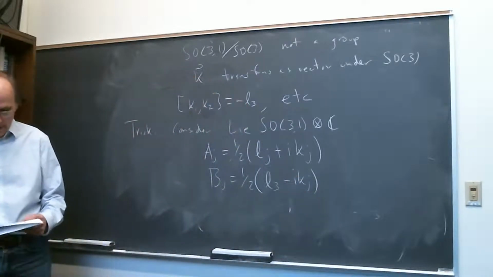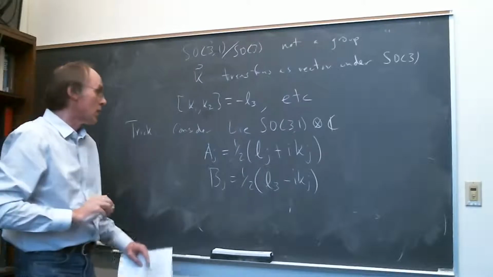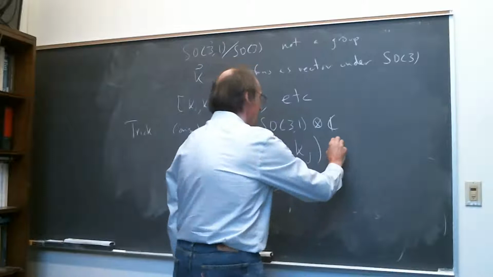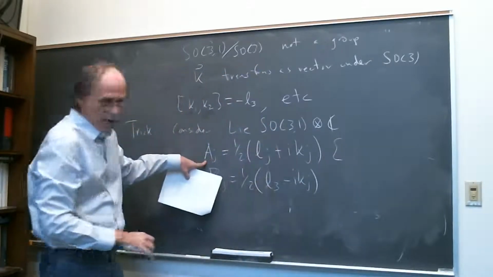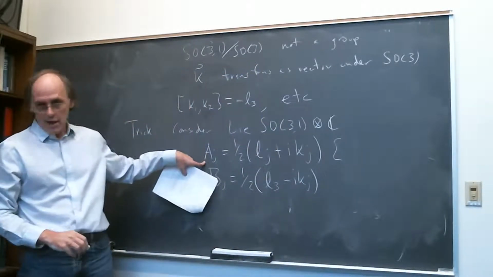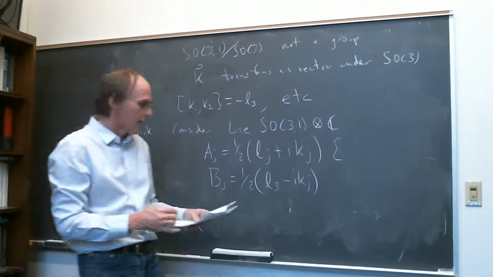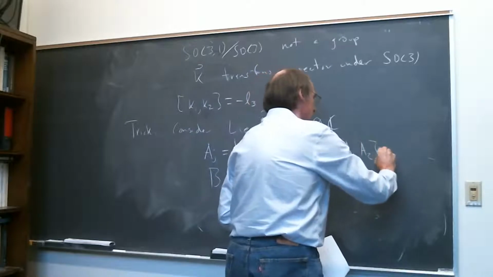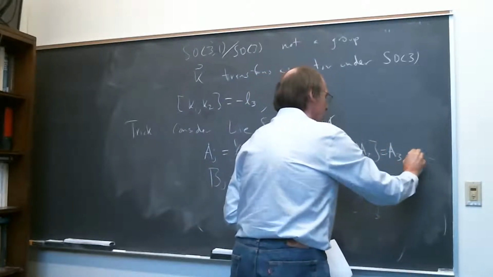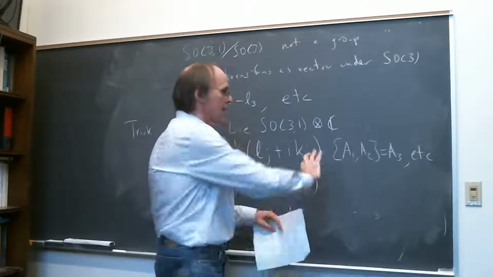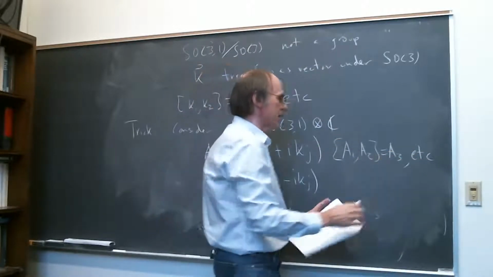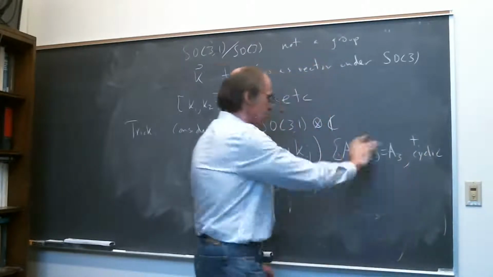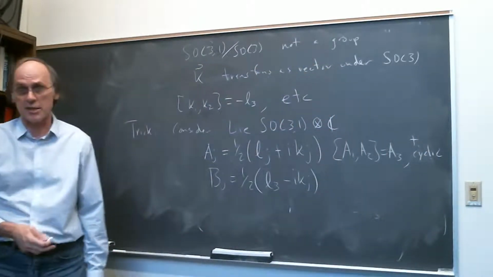If you do this and start computing the commutators of the A_J's with themselves, you find things like [A1, A2] equals A3, plus cyclic permutations of that formula.